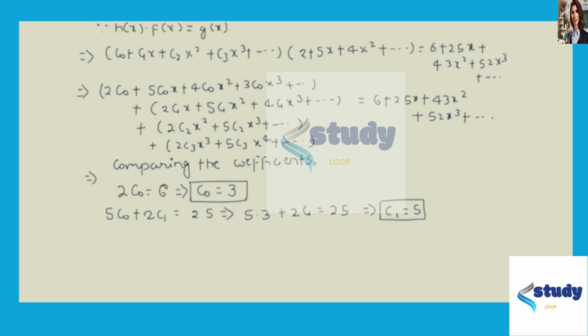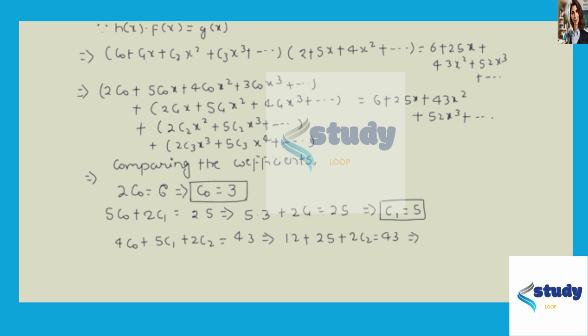Similarly, if I compare the coefficient of x square, on the left hand side I have 4c0 plus 5c1 plus 2c2, and this is equal to 43. Now I know the value of c0 and c1. So 4c0 will become 12, plus 5c1 is 25, plus 2 times c2 equals 43.